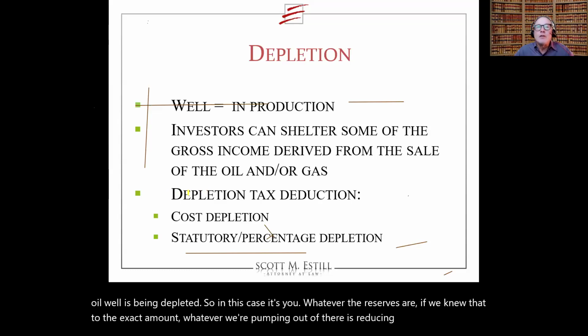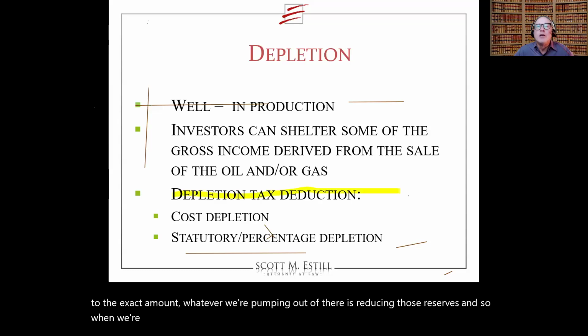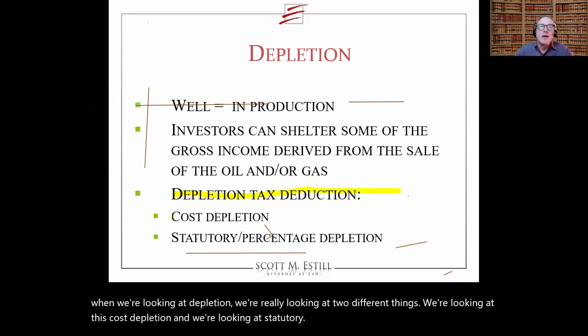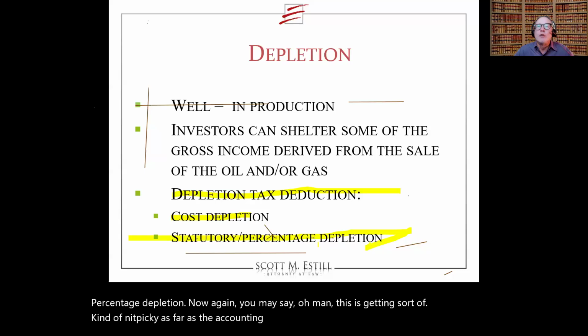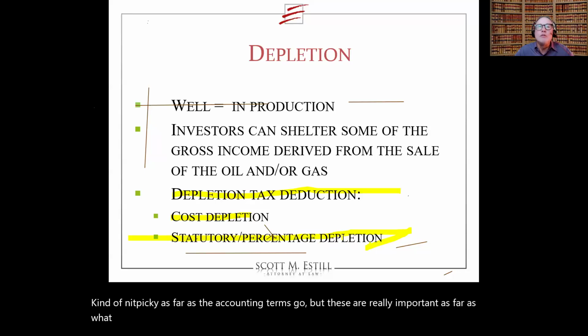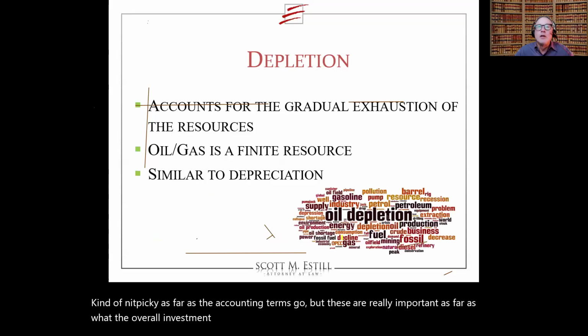And so when we're looking at depletion, we're really looking at two different things. We're looking at cost depletion and we're looking at statutory, or percentage depletion. Now, again, you may say, oh man, this is getting kind of nitpicky as far as the accounting terms go, but these are really important as far as what the overall investment can produce from a tax perspective.